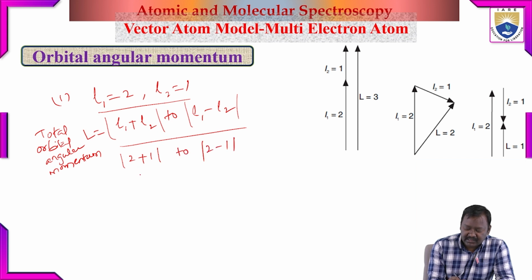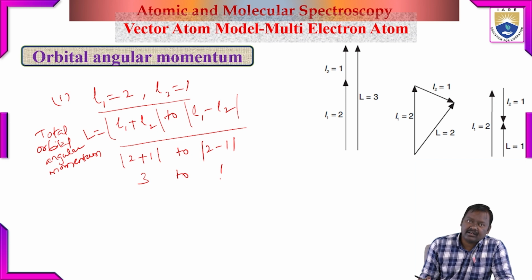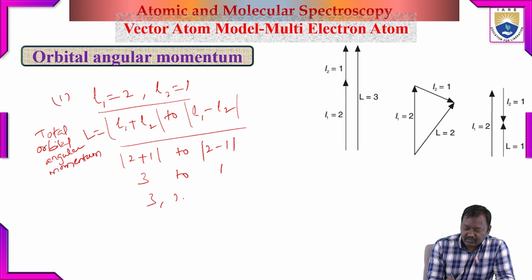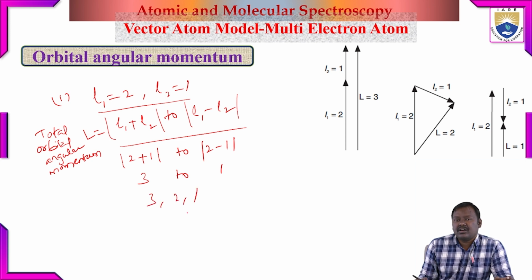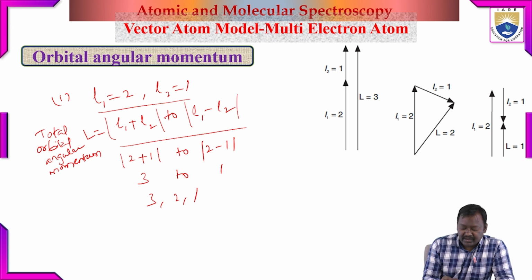That means 3 to 1 in terms of integral values. So all orbital angular momenta will be from 3 to 1.